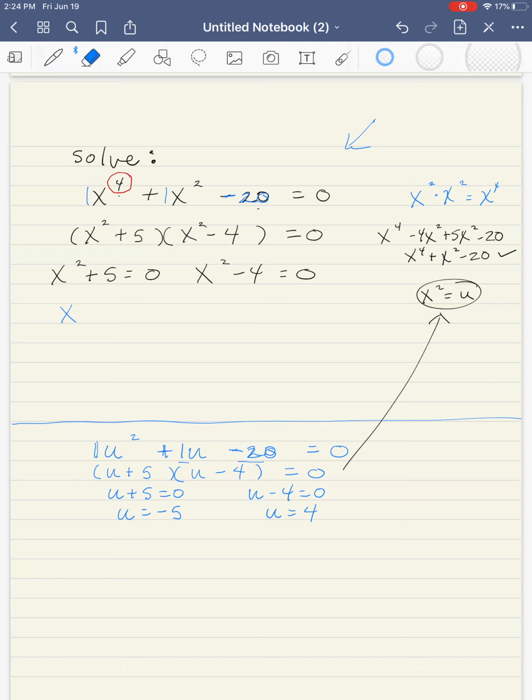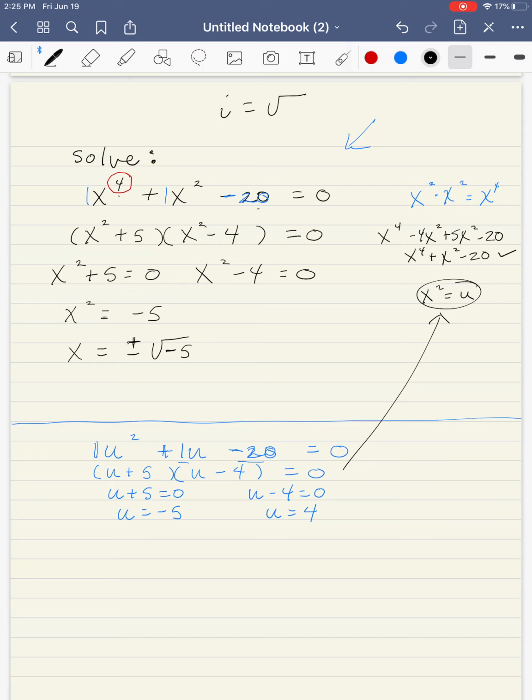So solving this one, if I subtract 5 from both sides, I get x squared equals -5, and then I take the plus or minus square root of both sides. The square root of x squared is x, plus or minus the square root of -5. This negative and this plus or minus don't affect each other.